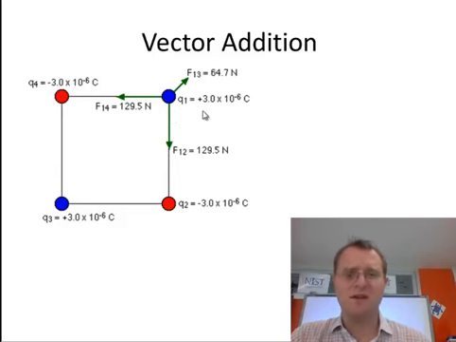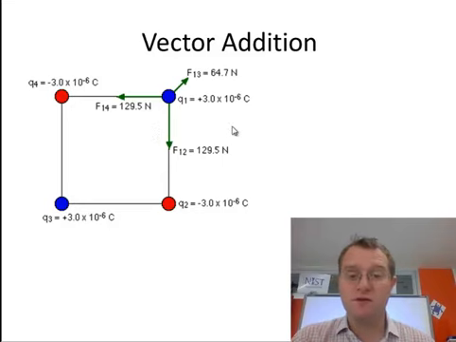The question basically says, what would be the resultant force on this particle here, Q1? As we can see, there's a force of attraction between Q1 and Q4, and an equal force of attraction between Q1 and Q2, and there's a force of repulsion between Q1 and Q3, which gives us three forces.